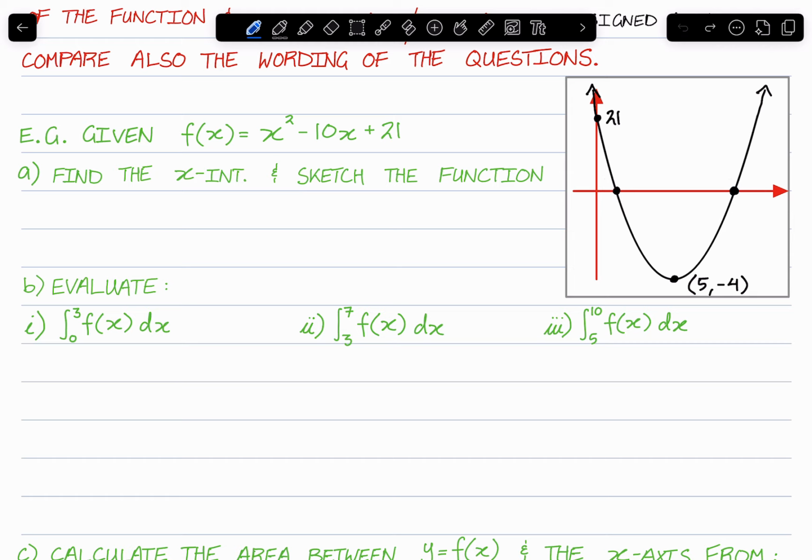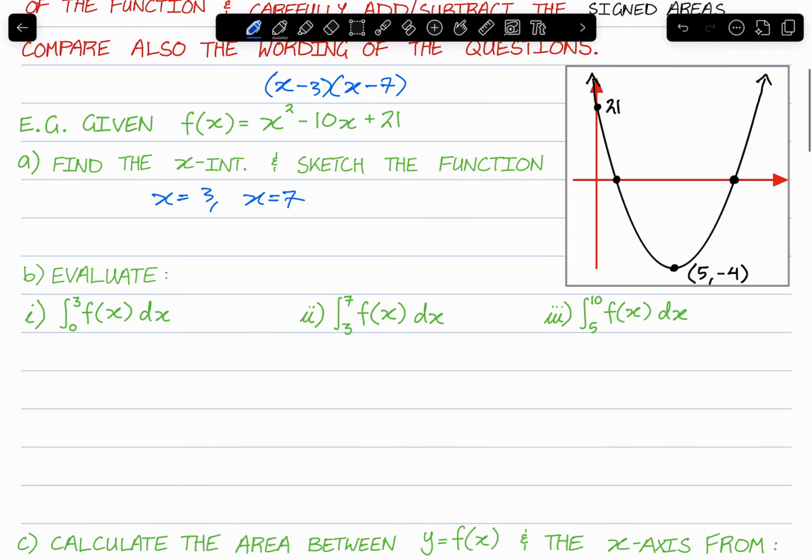So in this case, we can easily factorize this. I can think of this as x minus 3 and x minus 7. So the x-intercepts are at x equals 3 and x equals 7.